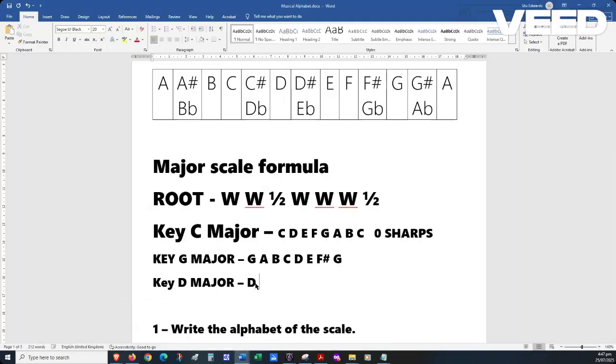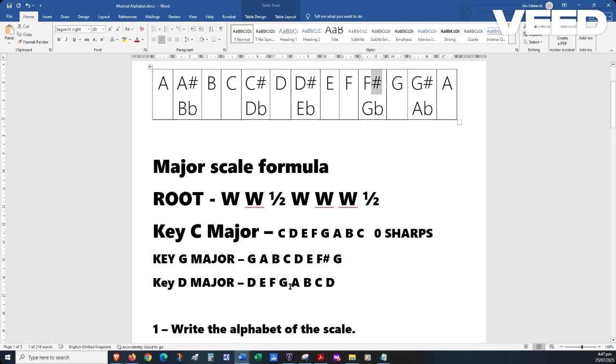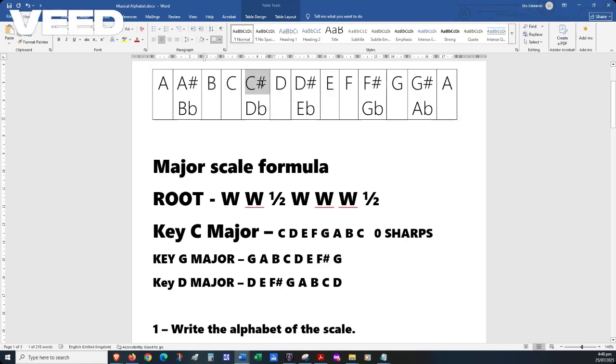Write the alphabet out, D, E, F, G, A, B, C, D. Go up the musical alphabet, D, whole step E, whole step F sharp. So we went from D, whole, now we're going half to G, now whole, another whole, and then we go whole to C sharp and back to D. And it's because it has to be alphabetical again.